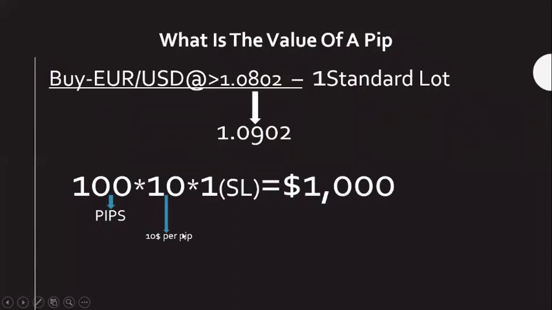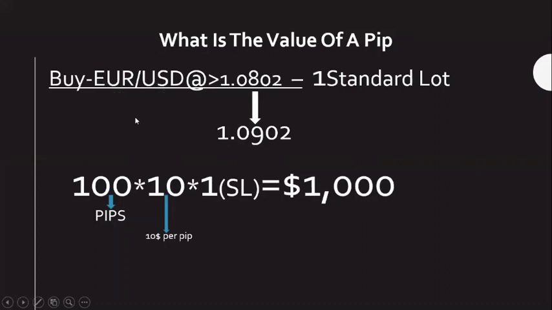So $10 per pip, telling us that each one of these pips here is $10. So 100 times 10, then times the number of standard lots we traded, which is one. So we actually made $1,000 profit for this particular buy trade of Euro USD.